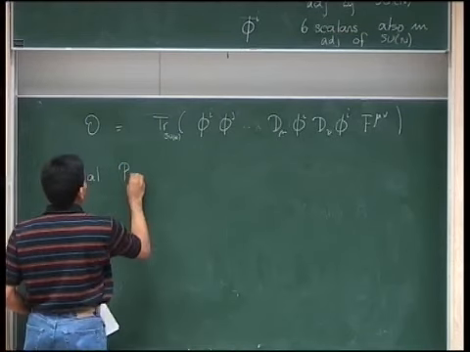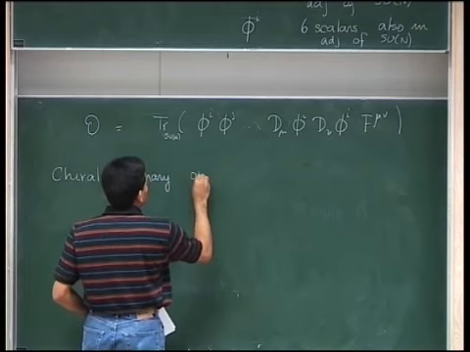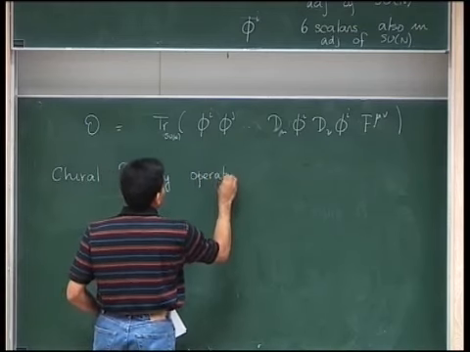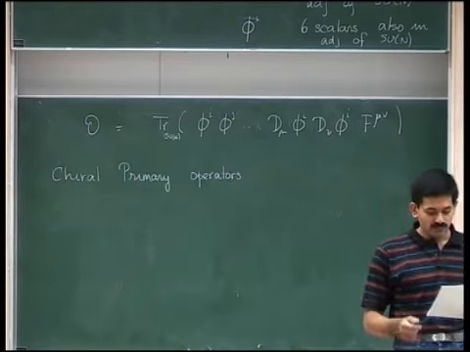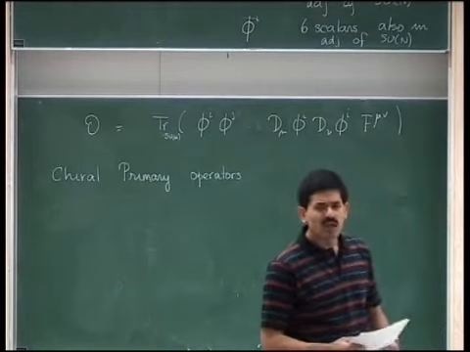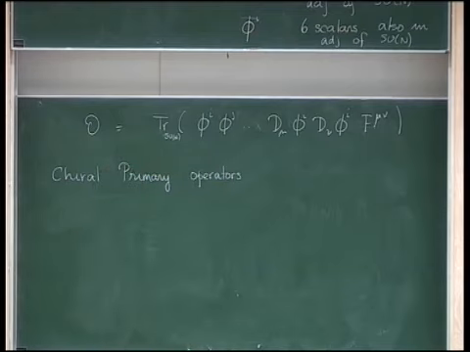You've already heard these words yesterday, called chiral primary operators, which happen to be special from the point of view of representation theory of the superconformal algebra, which is the symmetry algebra of N equals 4.